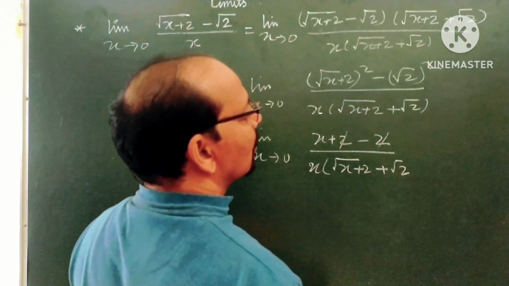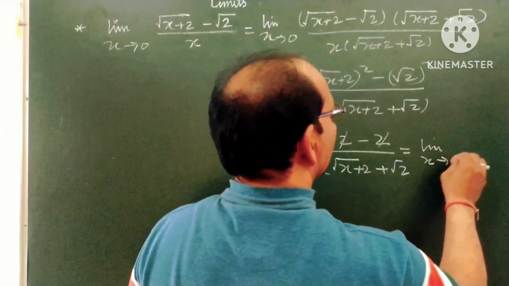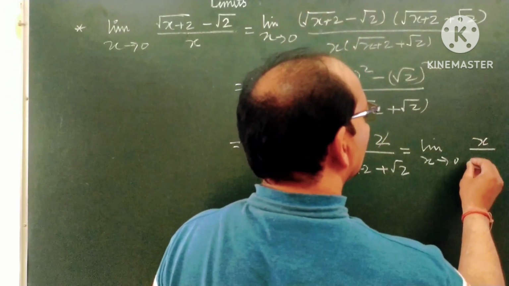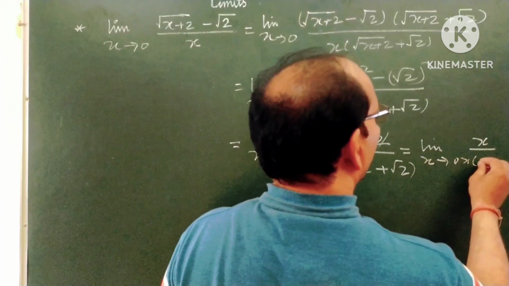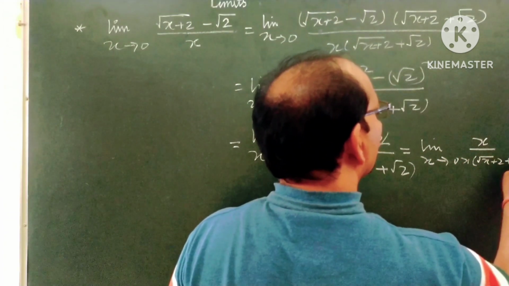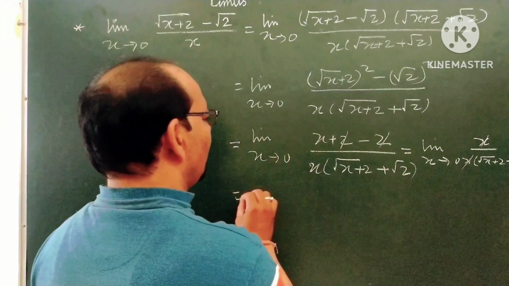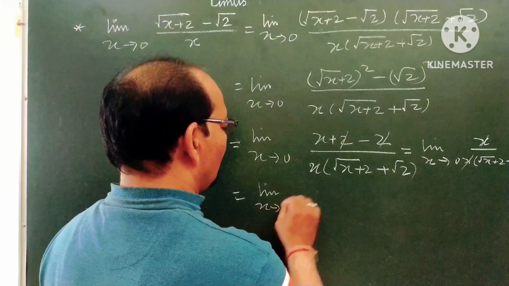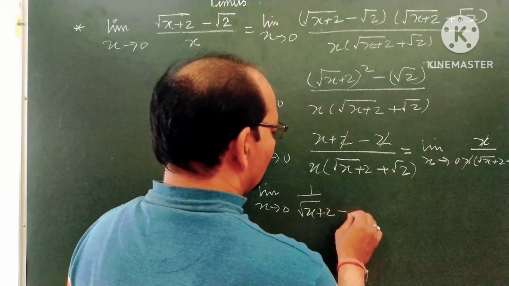This and this cancel. Therefore limit x tends to 0, x by x into root of x plus 2 plus root 2, and x cancels. Therefore it will be limit x tends to 0, 1 by root of x plus 2 plus root 2.